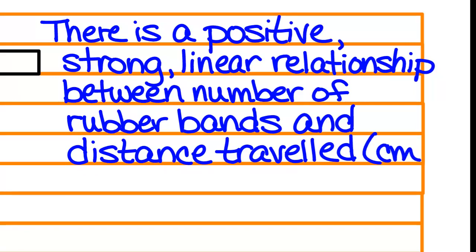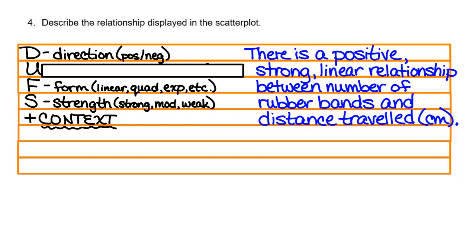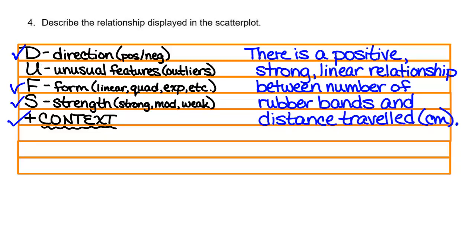We measured those in centimeters. There's a positive, strong, linear relationship between number of rubber bands and distance traveled. I've got direction, I've got strength, I've got form, I've got context. We still have this one piece that we haven't talked about yet. The U stands for unusual features, like outliers, or strange clusters of data.